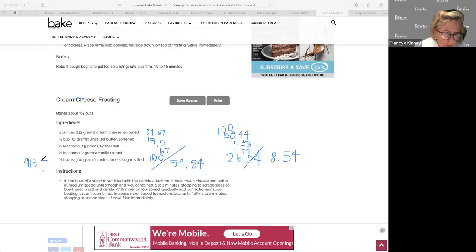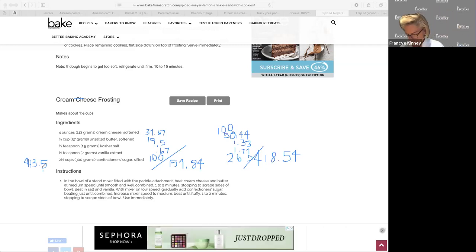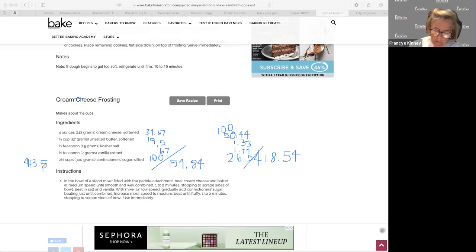Okay, so we're going to just randomly double it. Our desired yield becomes 947. Okay, so 947 divided by 157.84%.